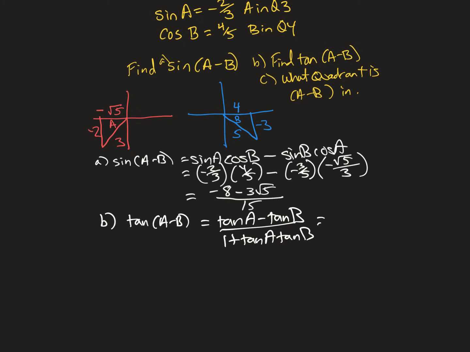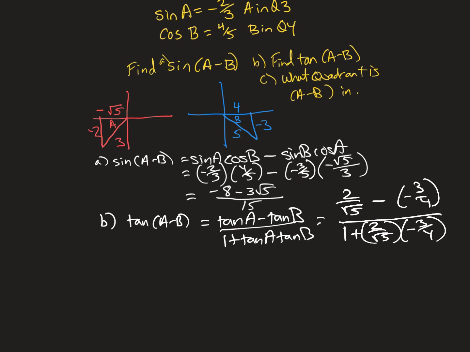So tangent of A is going to be -2 over -√5, so 2 over √5, minus tangent of B, which is -3/4, divided by 1 plus tangent A times -3/4. Okay, so not exactly pretty.